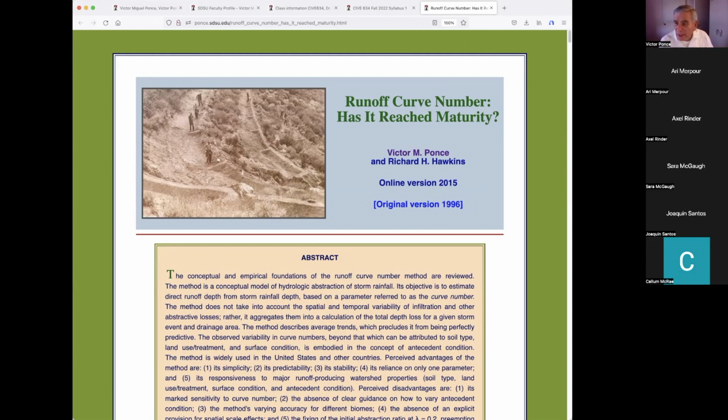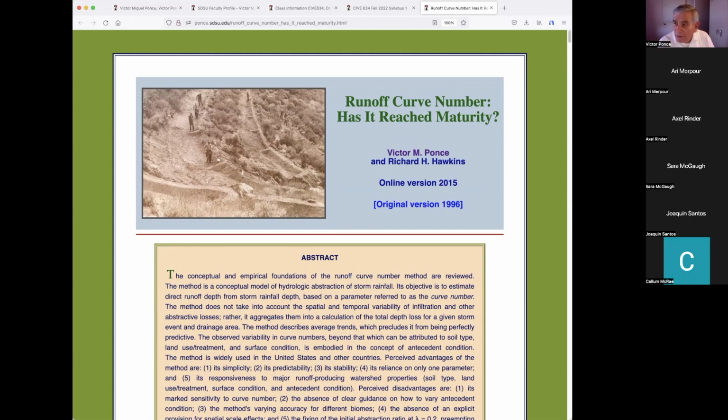And many were arguing that the SCS or somebody else should do a replacement of the curve number. So I said to Pete, let's work on a paper on the curve number, all the ins and outs, the goods, the bads, the ugly, whatever. We're going to put it all out together. I did have a bias, and I always have a bias. People have biases. My bias was in favor of the curve number, and let me tell you why. Because there are many other methods out there that could conceivably replace the curve number, but none of them could prove that they're better.